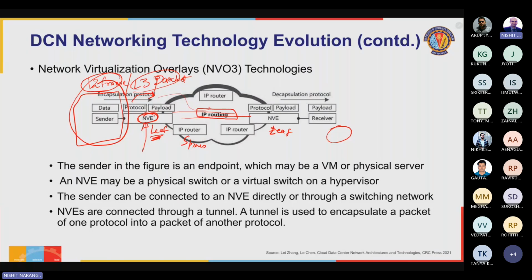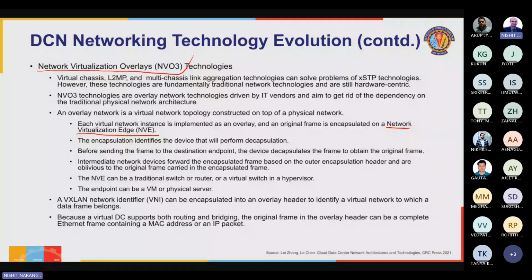Okay? And that has been done by creating a new protocol called VXLAN. It's not really an extension to VLAN. It's a different protocol altogether. But the reason for having VXLAN is the same. You want to support multiple virtual networks on top of the underlying data center network.